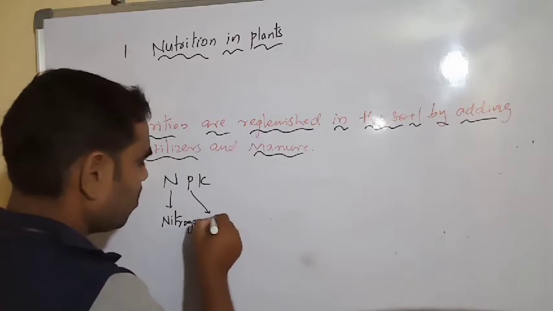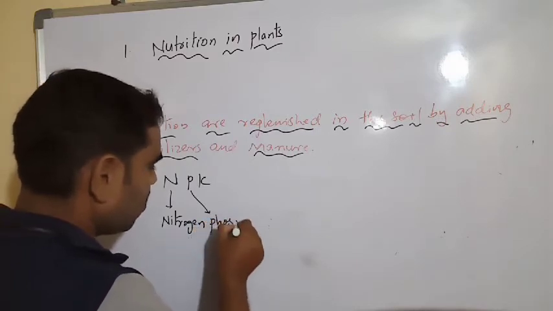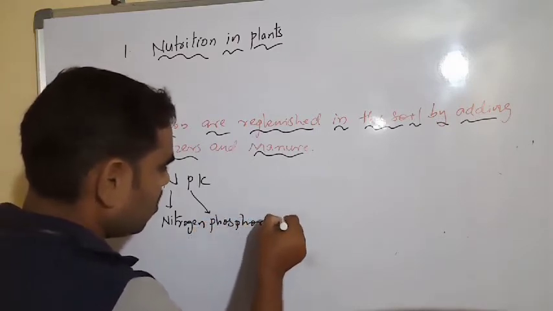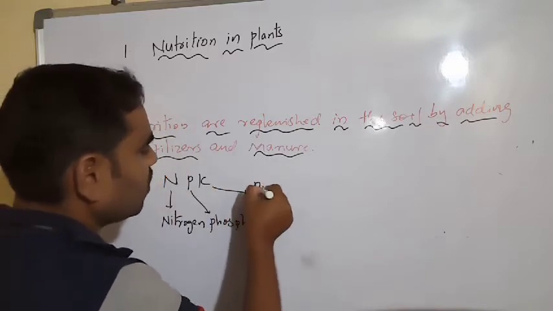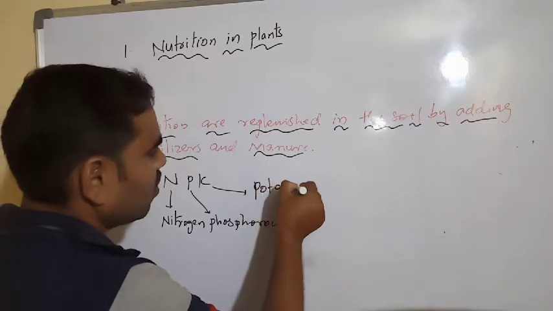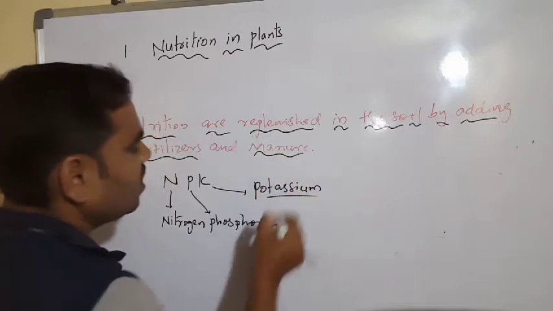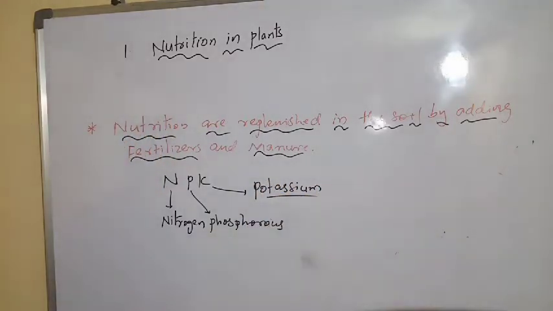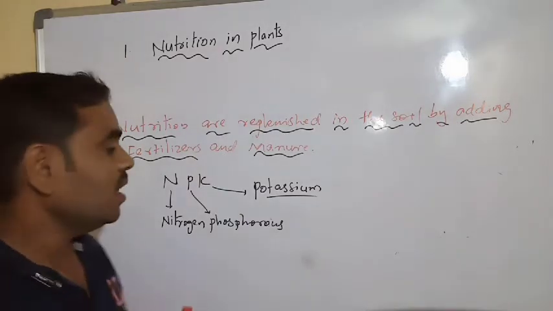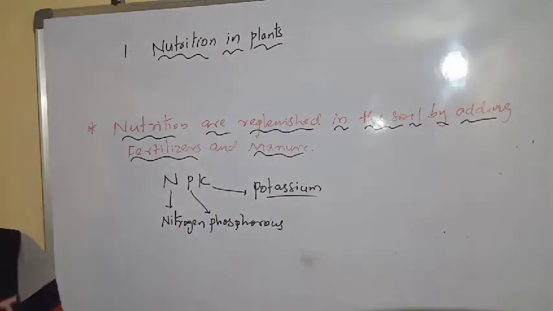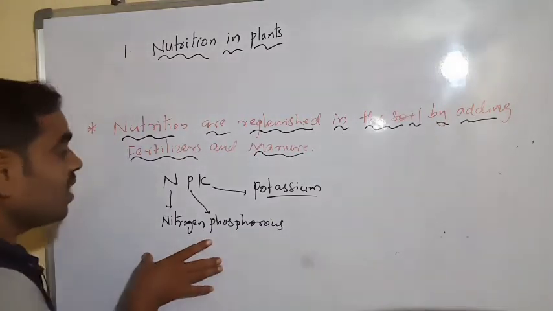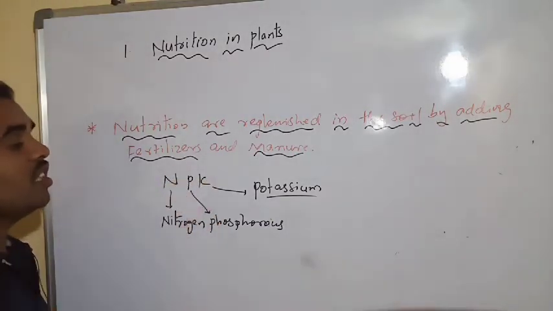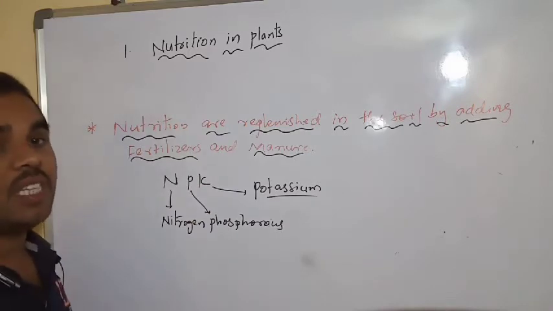K means potassium. Potassium is added to our field. These minerals are required by the plant. When the plants get these nutrients, they will grow healthy.